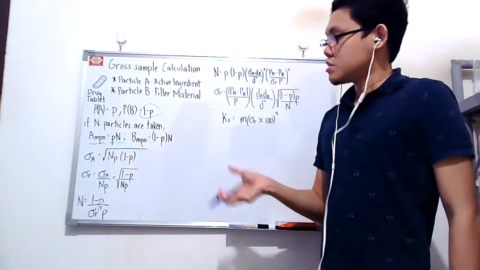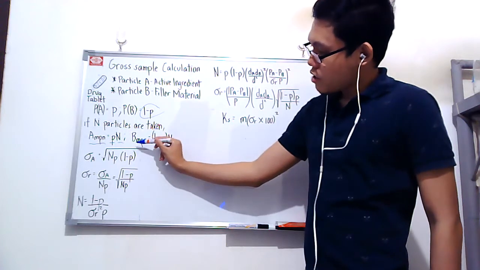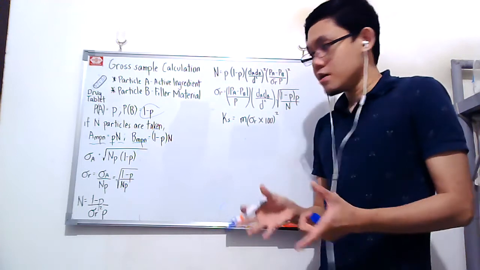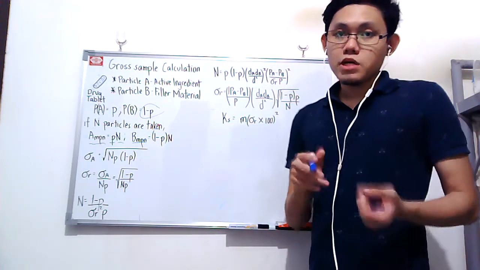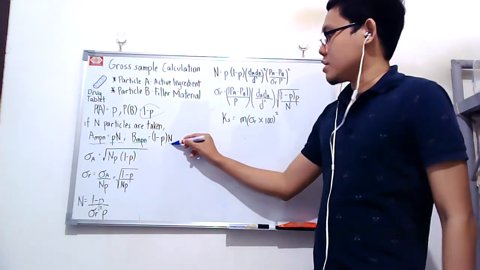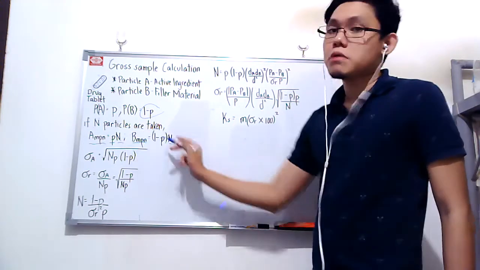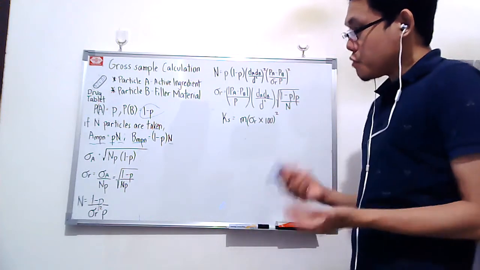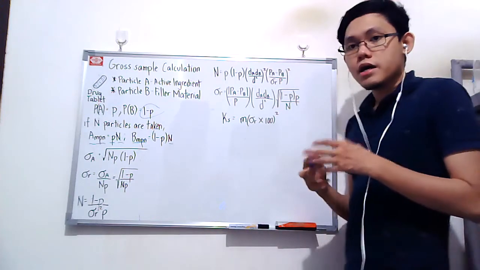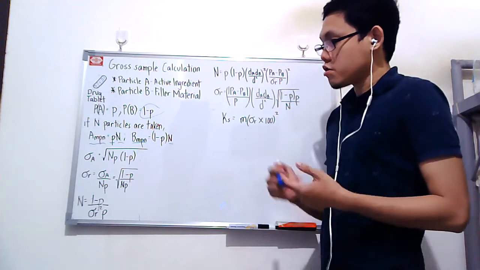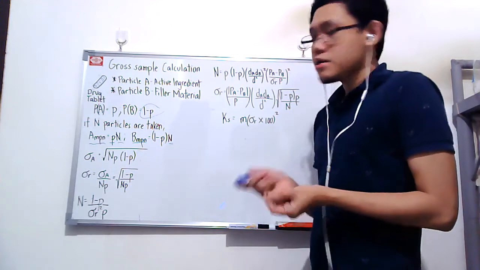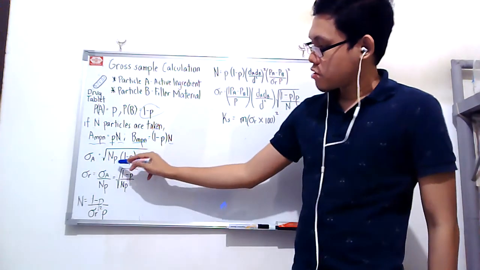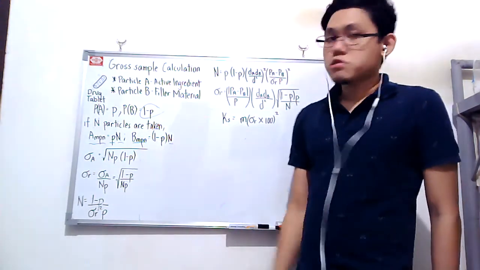Likewise, you can obtain the most probable number for B by multiplying 1 minus p by n. So this n is the total number of particles. Now, if you obtain the standard deviation of your A, you will have the square root of np multiplied by 1 minus p.